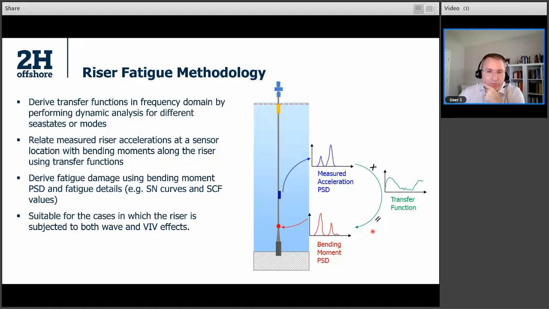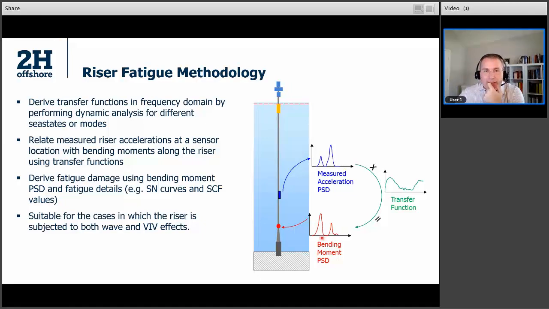Using these transfer functions, and the sensor data, we calculate power spectral densities for the measured accelerations coming from the sensor, and we obtain the bending moment power spectral density at the fatigue hotspot.